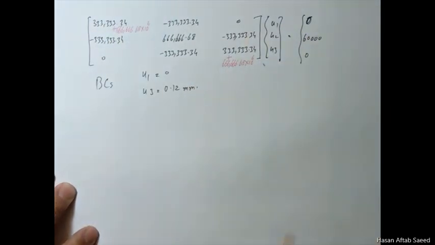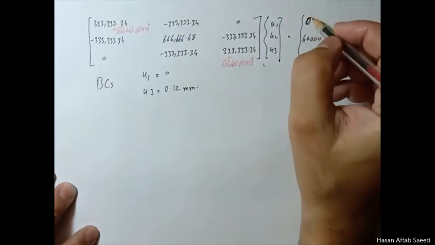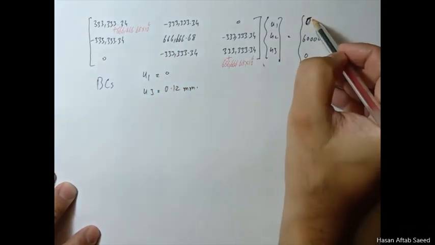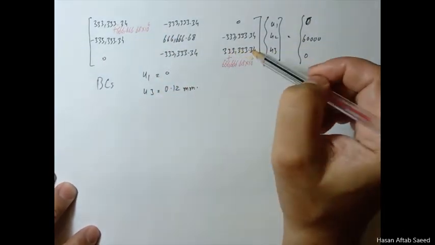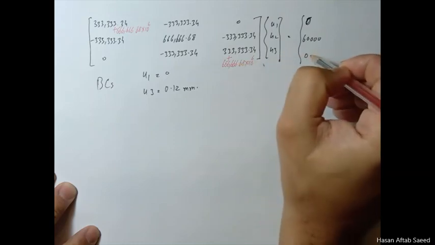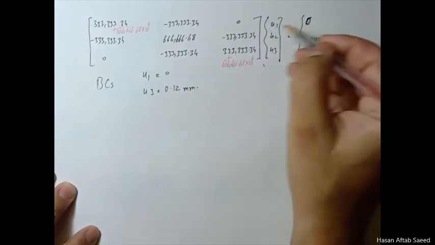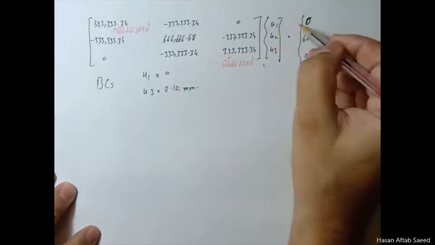Now what about the right hand side? You also add this number c multiplied by a1 here, and you add number c multiplied by a3, u1 here, u3 here.